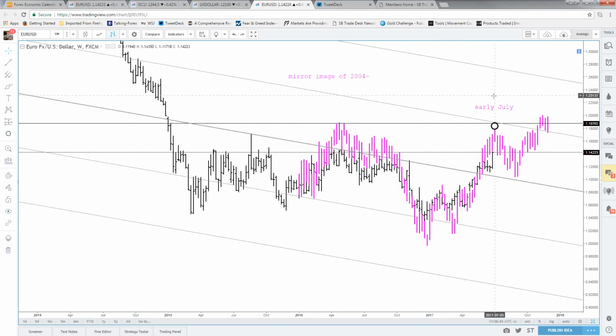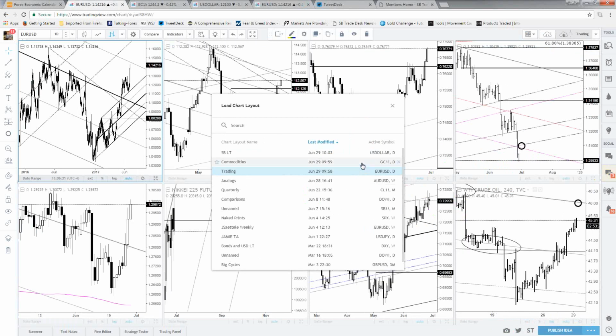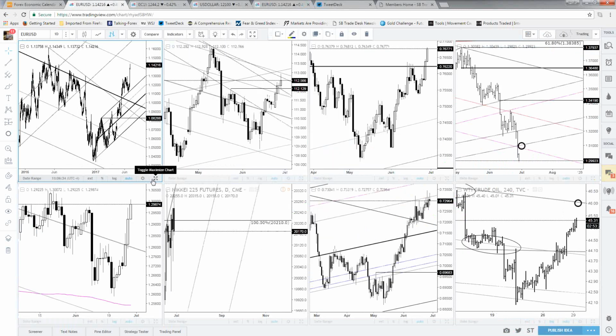So, you know, I've got some levels. I guess the post from 2 days ago, we had some levels that we were looking for in euro. You know, the one, what was it, 114.60.